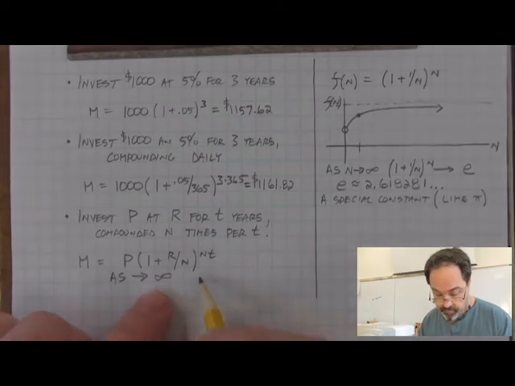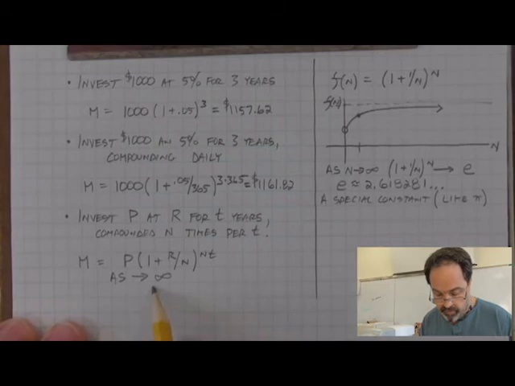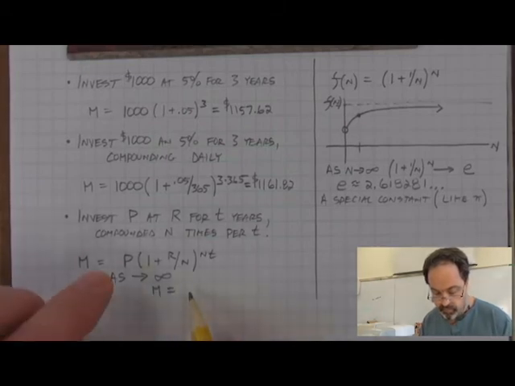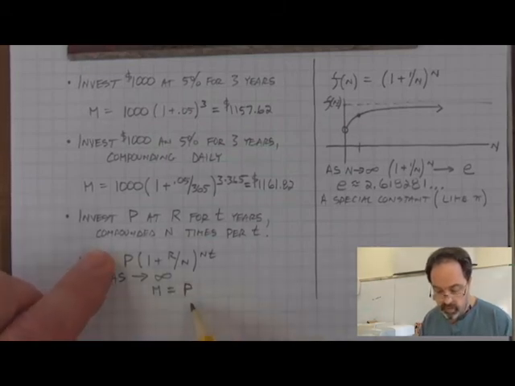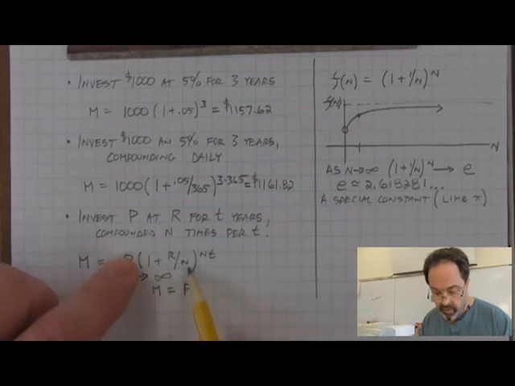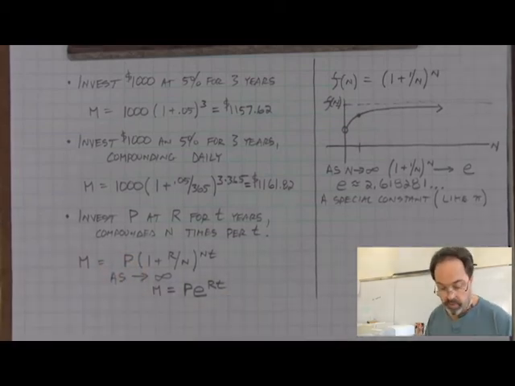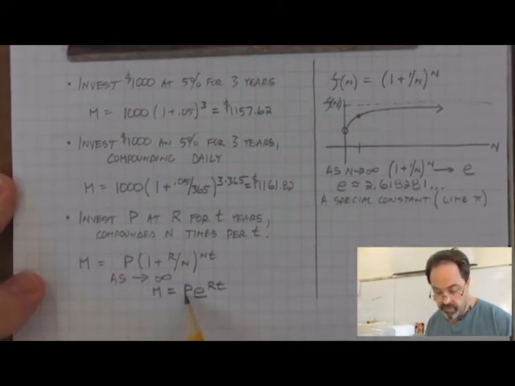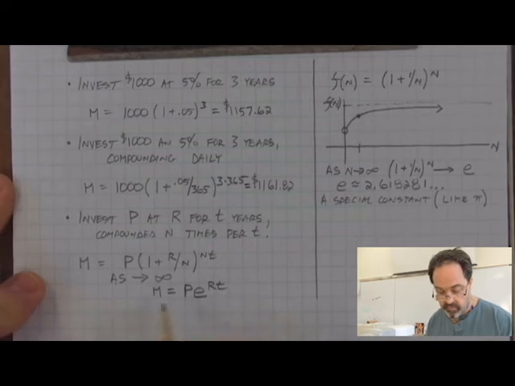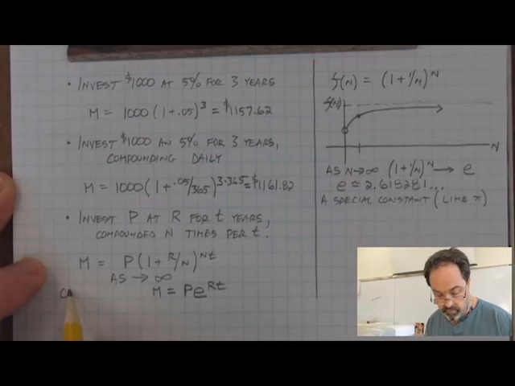And that equation is the amount of money is equal to still the principal, but the 1 and the over n to the nth have been replaced with e, and then the exponent is the interest rate times time. This equation, m is equal to p times e to the rt, is called the continuous compounding growth.